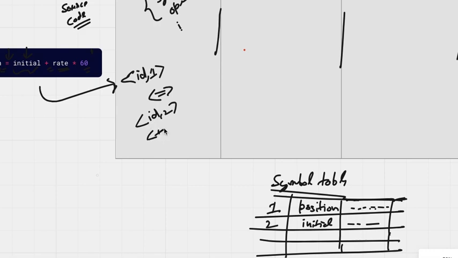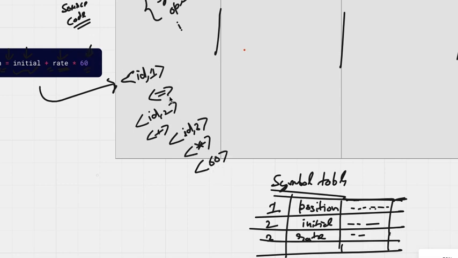Now the next operator, another identifier, record it in the symbol table, and then create a token. Next operator and next integer value.